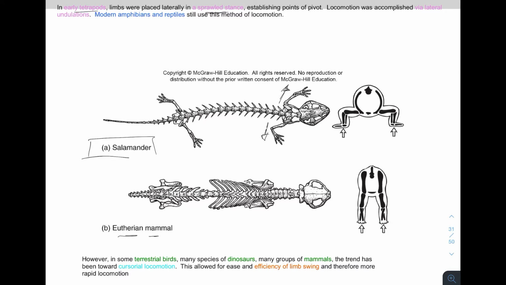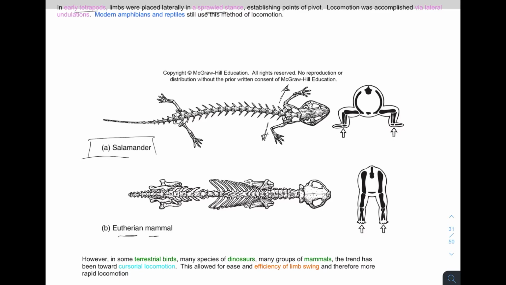And what we see is that this amphibian here has kept that direction of these limbs moving out to the side. So the implications for this are that, as we saw in the video, the limb has to kind of roll over as it steps forward. That's not a very efficient movement.